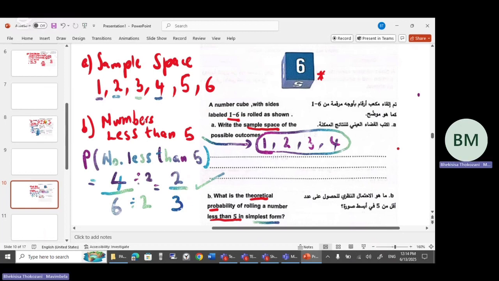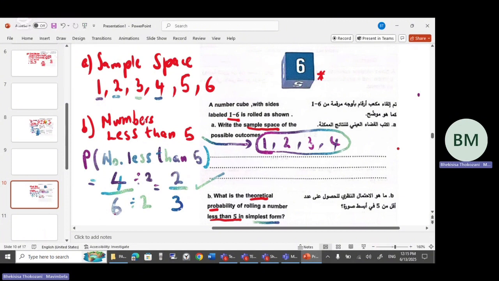So guys, this will be my answer. So numbers less than 5, it's 1, 2, 3, and 4. And how many of them? They are 4. 1, 2, 3, 4. So that's why I'm having this 4 here. 4 over 6. Where did I get the 6 here? It's the number of everything, the number of all the numbers in the cube. Am I making sense?